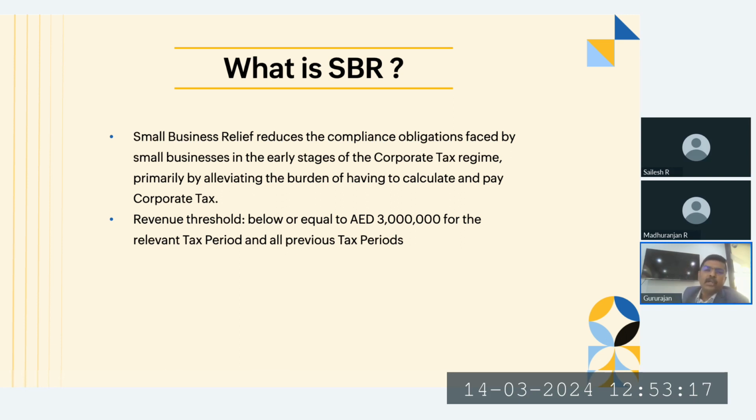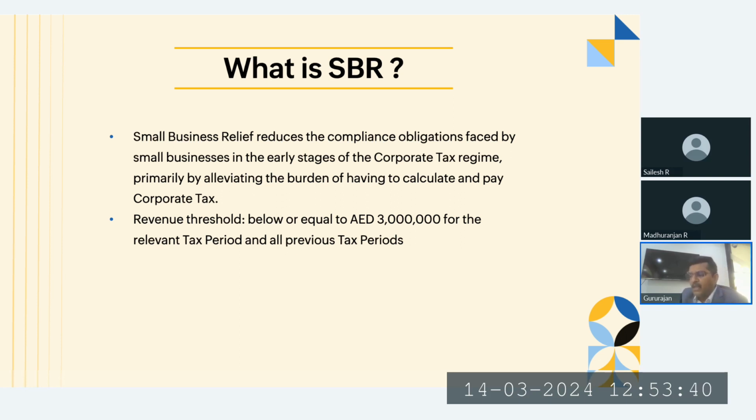The last point on small business relief is, if you are a natural person, for example a small individual doing business, and your revenue exceeds 1 million AED, and again I'm using the word revenue, not profit, then that person should also register for corporate tax.